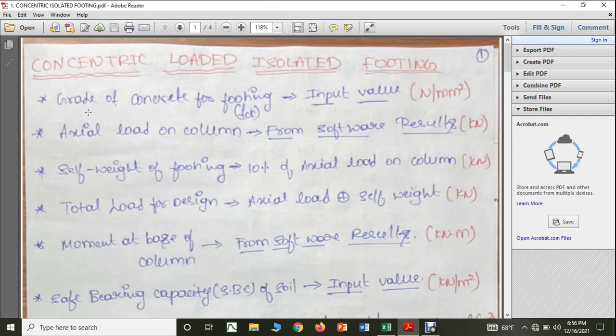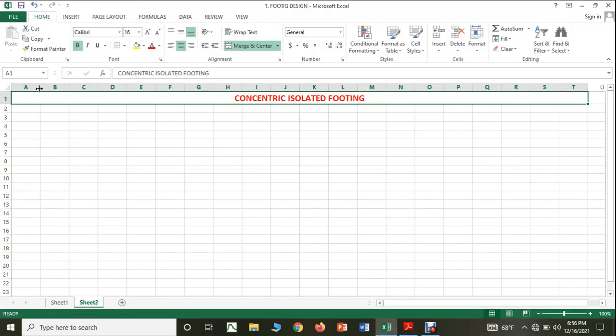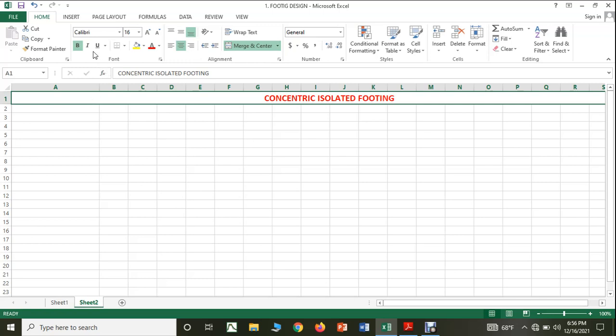My first step is the grade of concrete for the footing. This is my input value, in Newton per mm square. Whichever are the input values, I will write them in italics.